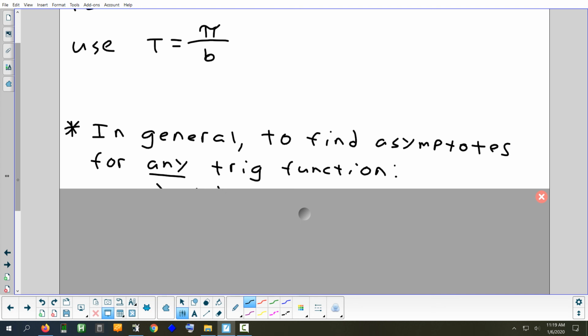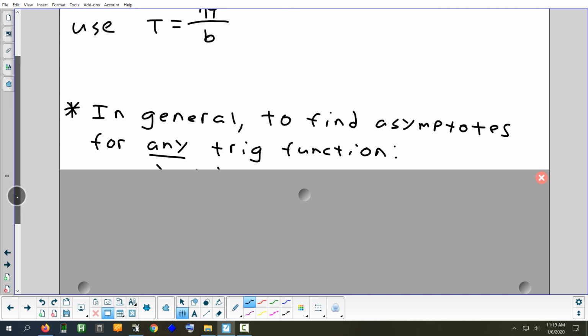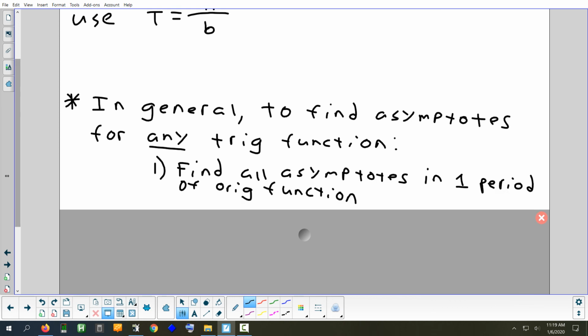In general, to find asymptotes for any trig function, this isn't just these two that we're doing right now. First, you have to find all the asymptotes in one cycle of the original. If you're wondering how to do that, that's where that table I'm going to give you comes in.